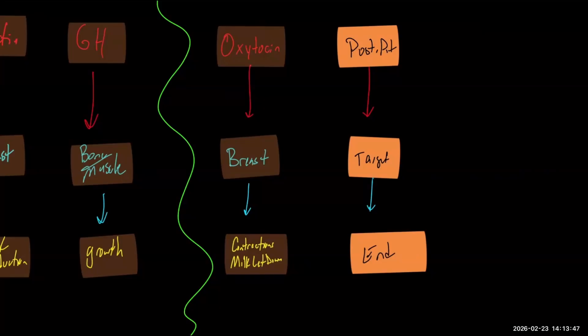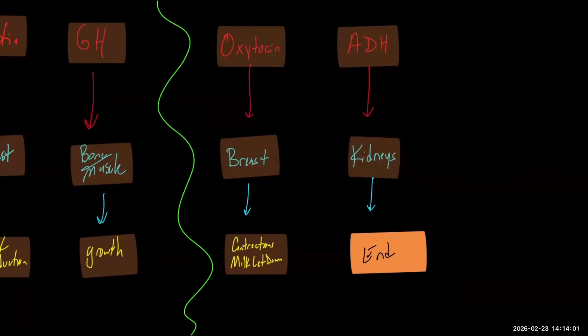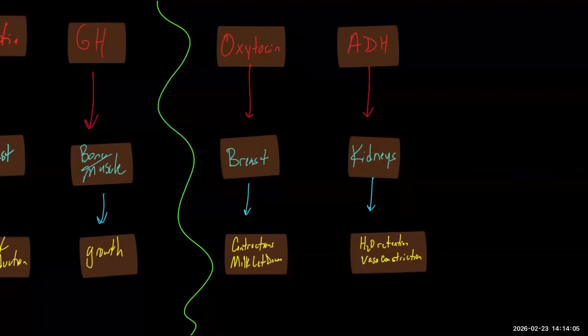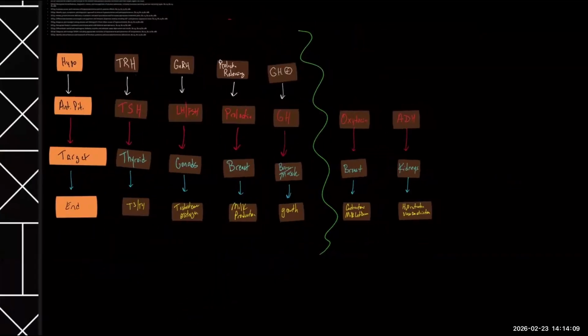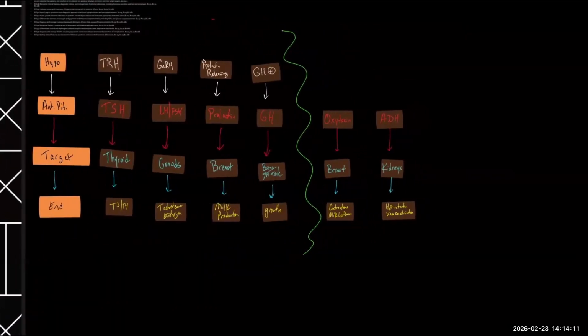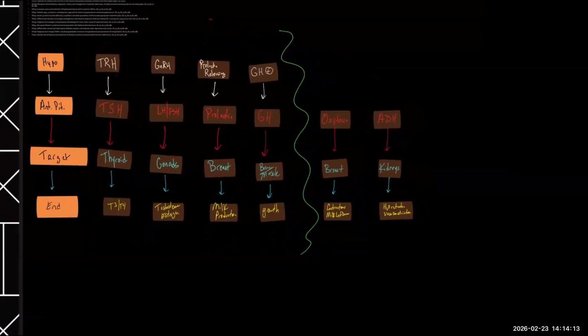So remember, prolactin develops the milk. Oxytocin lets it down, squeezes all those ducts to let the milk flow. The other one is our ADH, goes to our kidneys, and that is going to deal with water retention and vasoconstriction. So those are our basic breakdown of our anterior and posterior hormones and their flow.